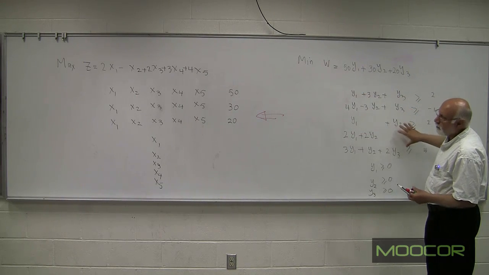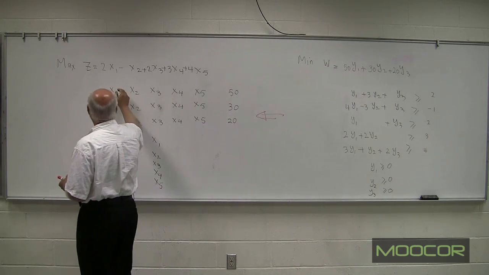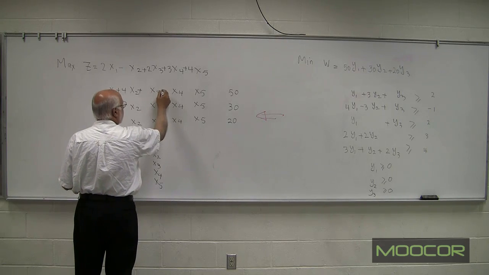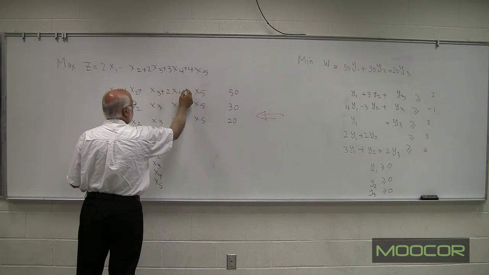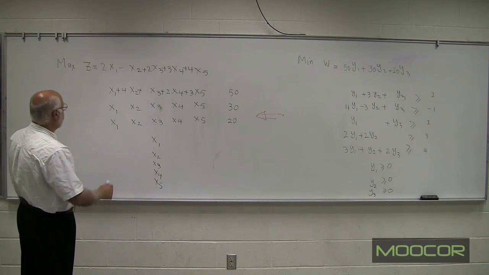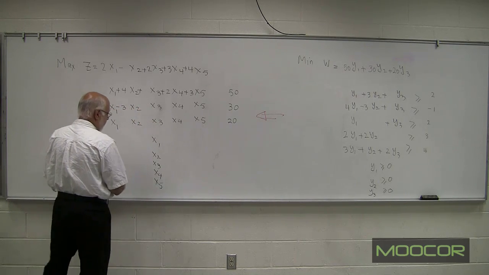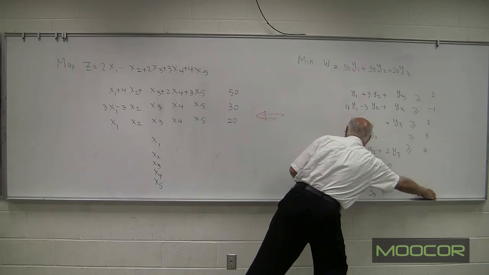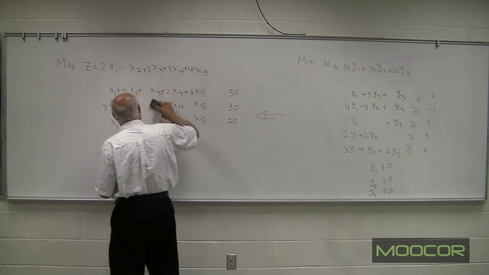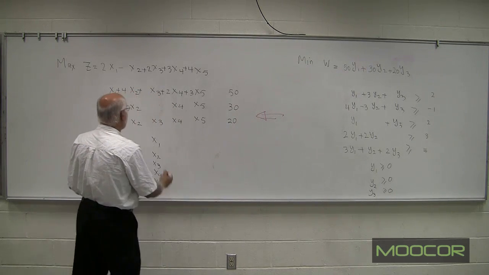And these coefficients: 1, 4, 1, 2, 3. 3 minus 3, 0, which will erase this variable altogether. 3 minus 3, 0. 2 and 1.